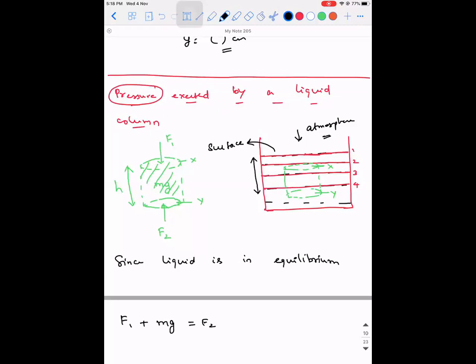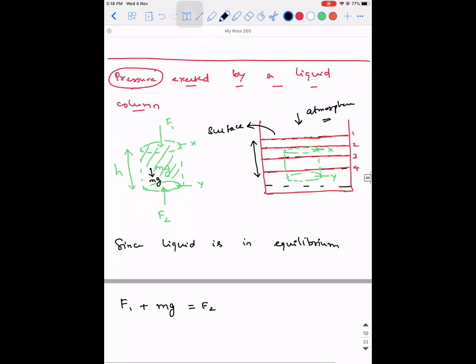What I did is sum of all the downward forces is equal to sum of all the upward forces. There are two downward forces acting: one is F1 and the second is mg. F2 is an upward force, right?